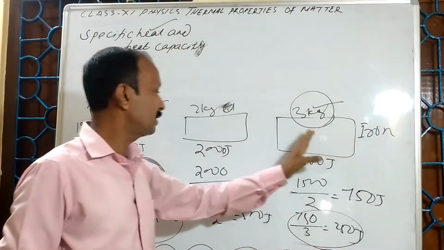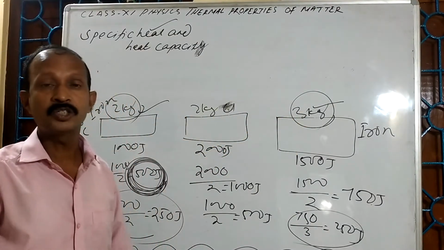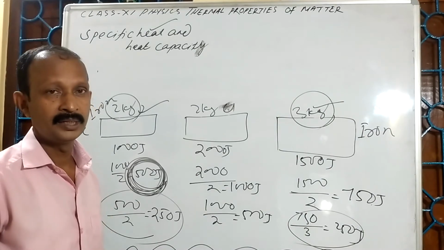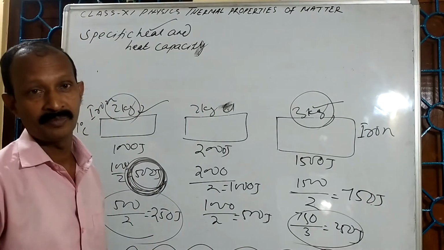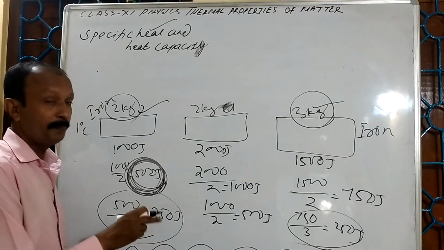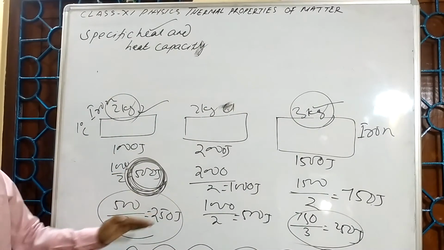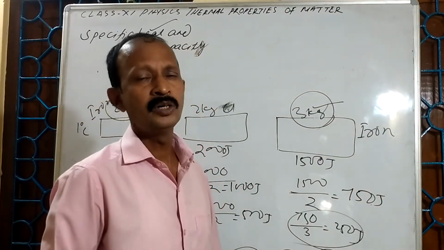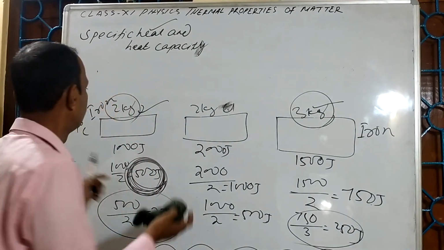It may be 3 kg, it may be 2 kg, mass may be different, it does not matter, because both these substances are the same. So I calculated the heat capacity per unit mass when I divided by 2 kg. That means I calculated heat capacity per unit mass, what is called specific heat capacity.